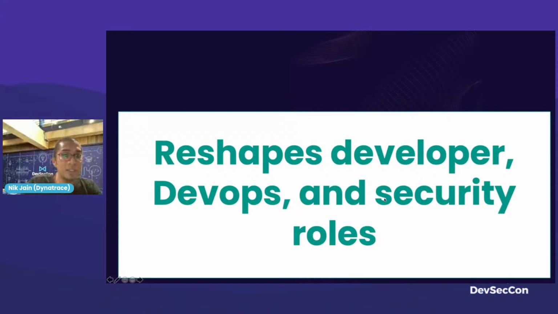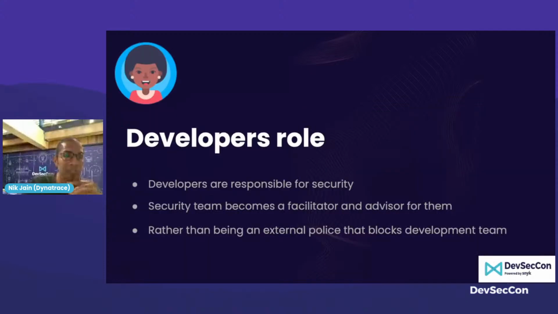And this inadvertently reshapes the roles of developers, DevOps, and security members. So let's firstly review, what does it mean for the developer? So for developers, it means that we're now responsible for security. And I'm not sure if you remember, I mentioned when I was a programmer, we didn't have any such responsibility. But if you explore this area, there is a lot of excitement to be had.